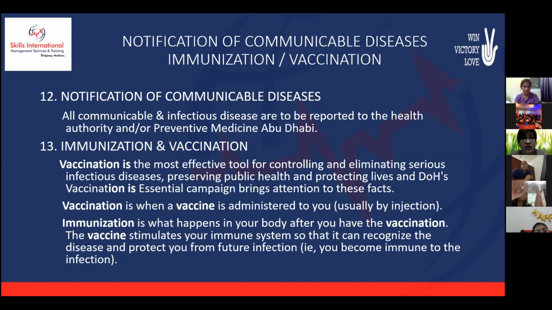So vaccination yon. These are two different things. Immunization is what happens in your body after you have been vaccinated. So the vaccine stimulates your immune system so that it can recognize the disease and protect you from future infection. You are becoming immune or you are already becoming immune to the infection.